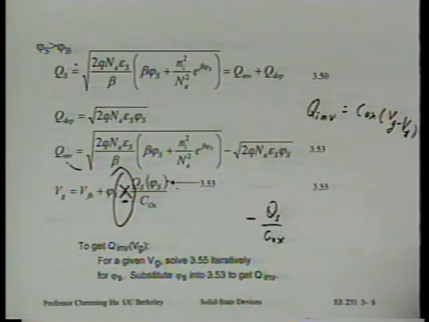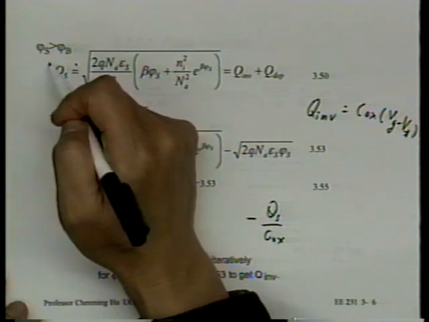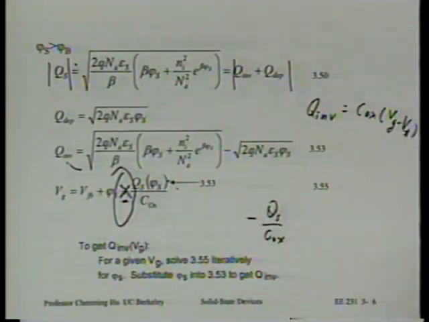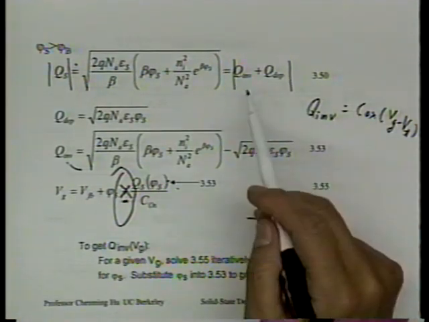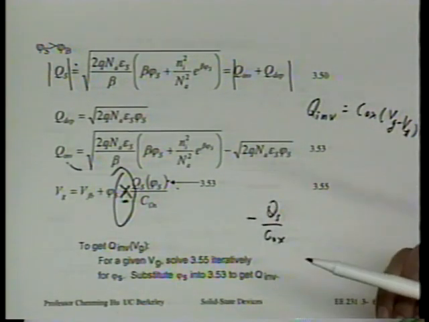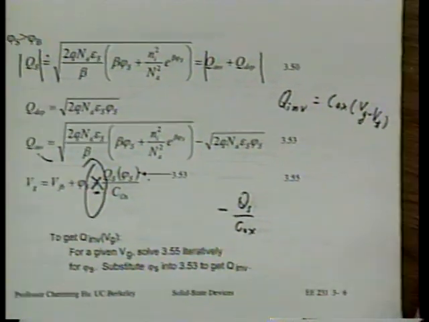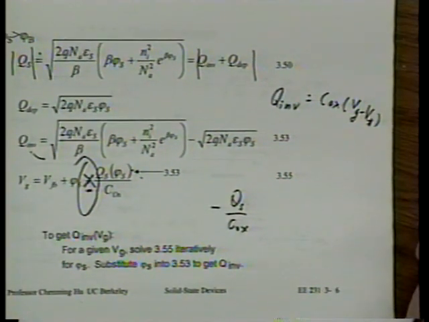All right, so the only way I can think of saving this equation right now, I suppose, is to say that I'm doing this. I don't like it, but I guess I'm doing this right now. All right. So Q inversion can be positive, negative, depending on whether you're talking about P-type substrate or N-type substrate, right? Do you see what I'm saying?